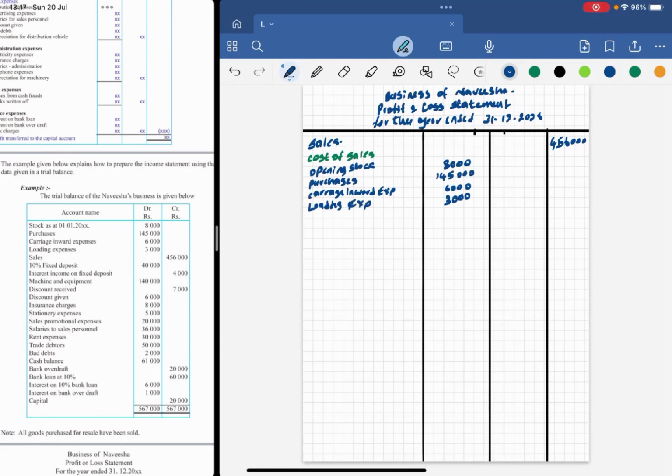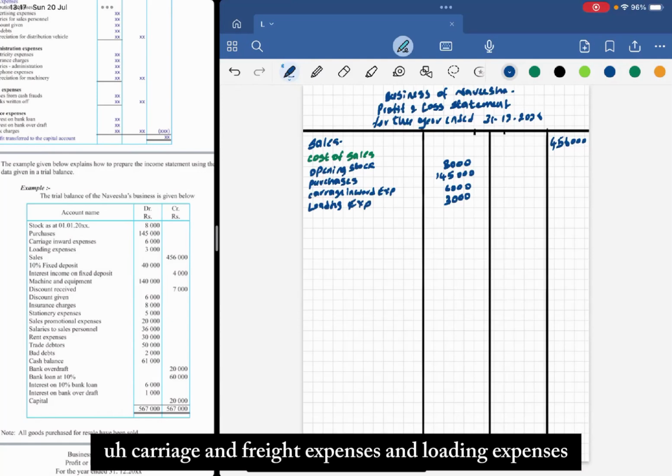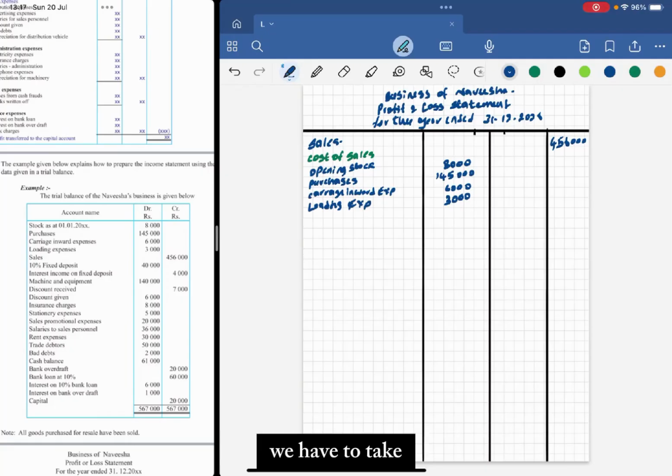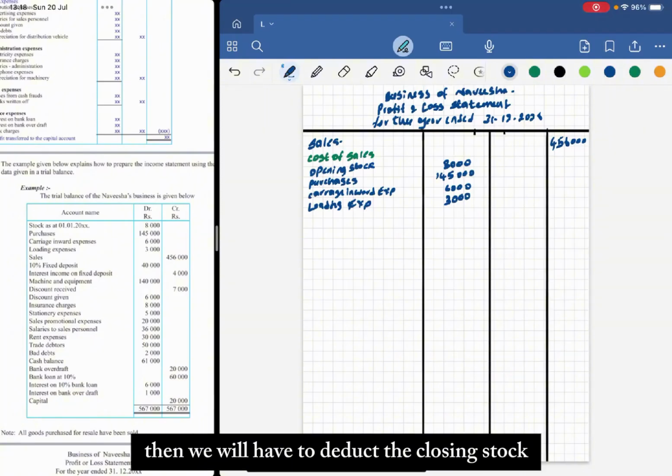Carriage inward expenses and loading expenses we have to take. Then we will have to deduct the closing stock.